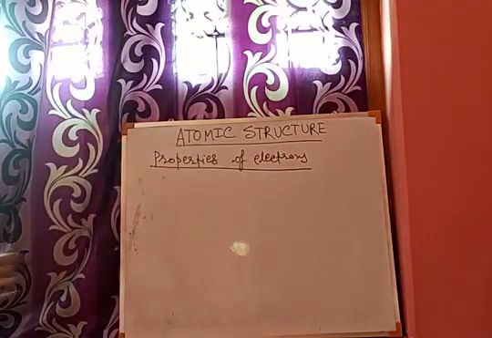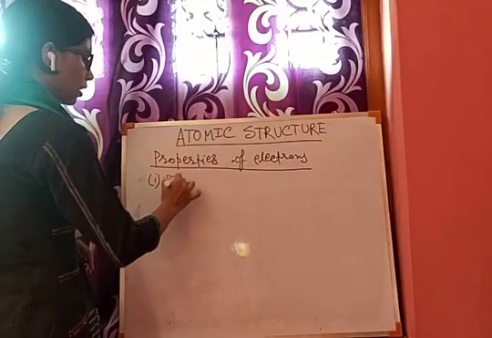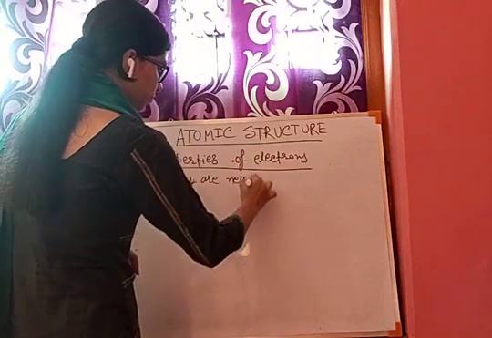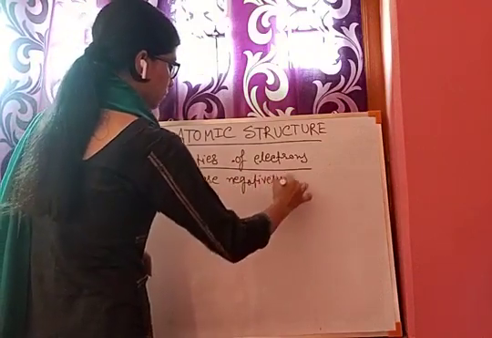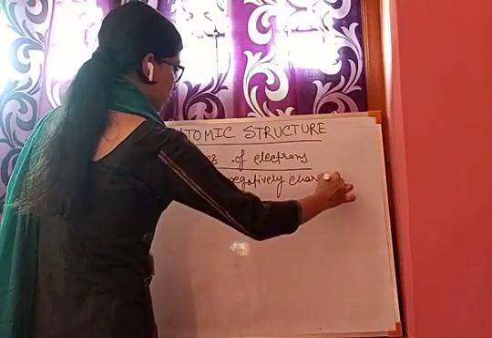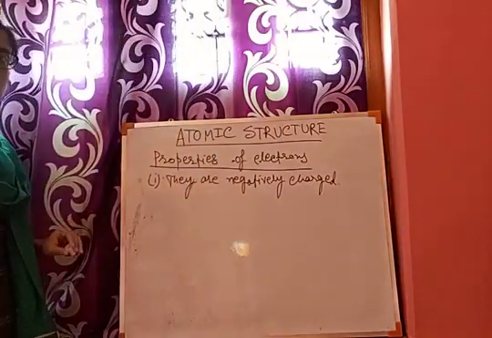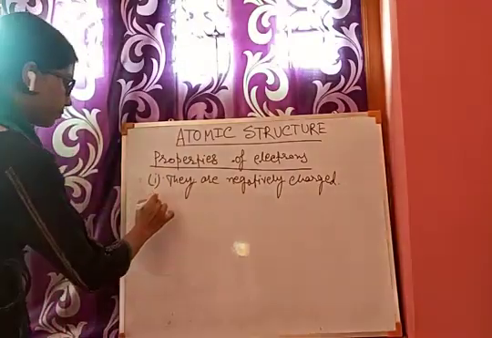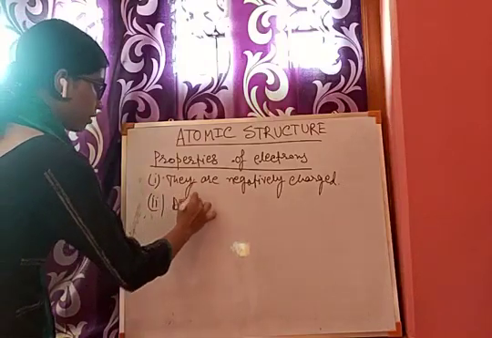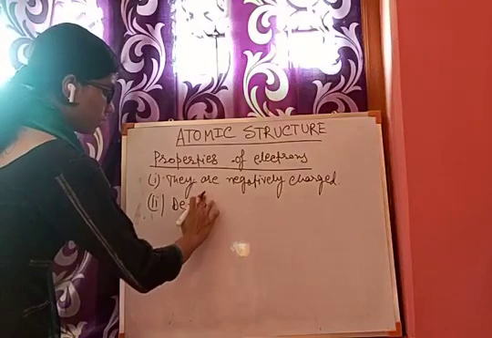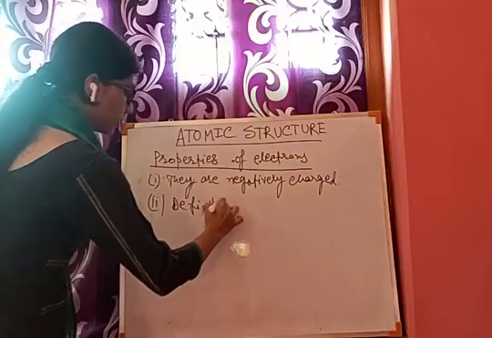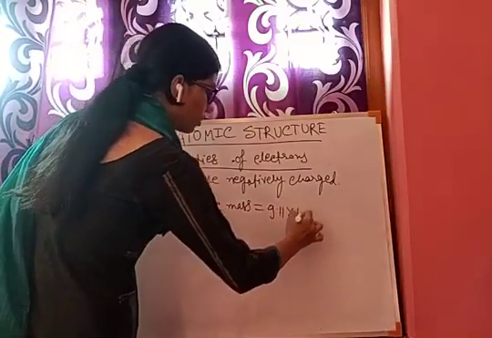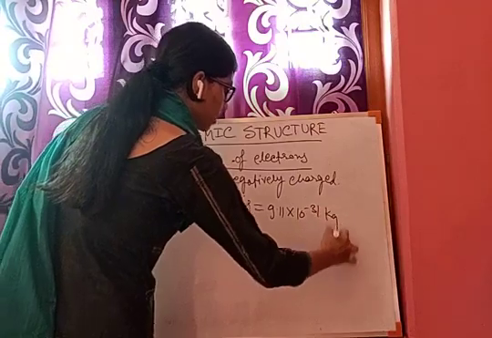So electrons are negatively charged. This is one characteristic. They have a definite mass, and the mass value is 9.11 into 10 to the power minus 31 kg.